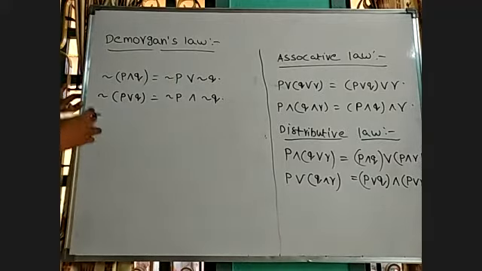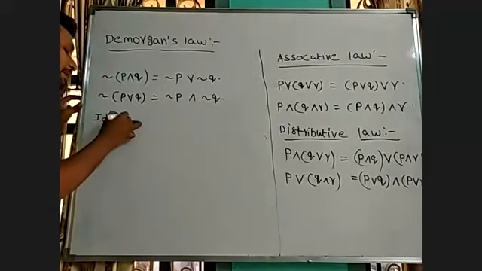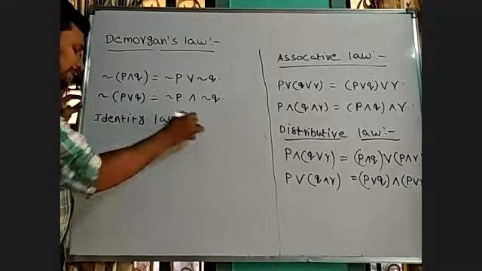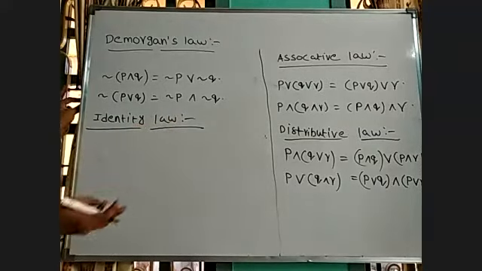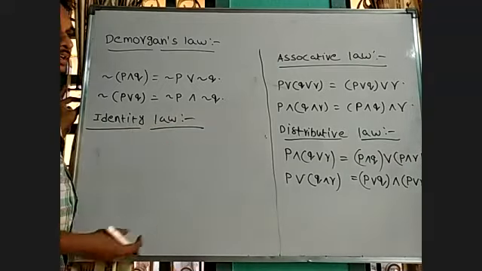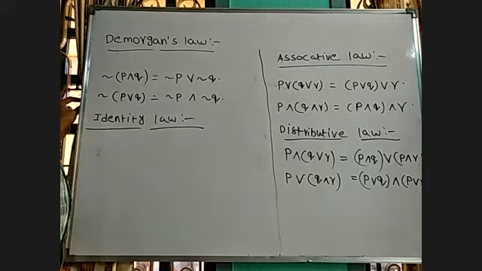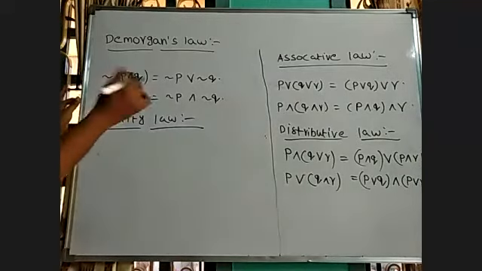Next one, identity law. In this identity law, T and C are tautology and contradiction. Tautology means all are truths. Contradiction or falsity means all are false. P is the statement.